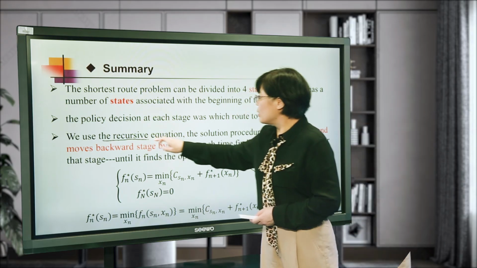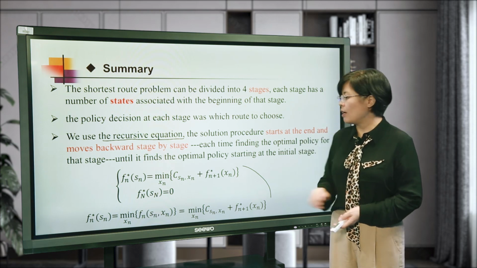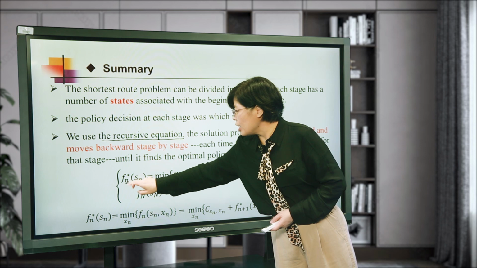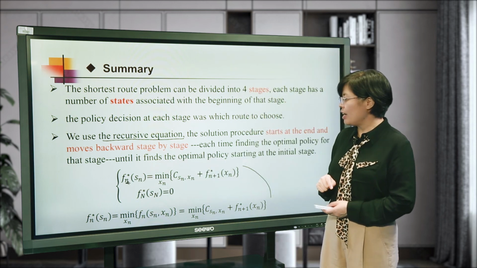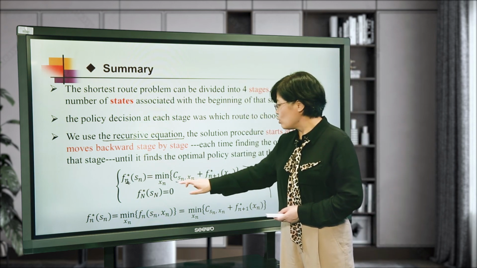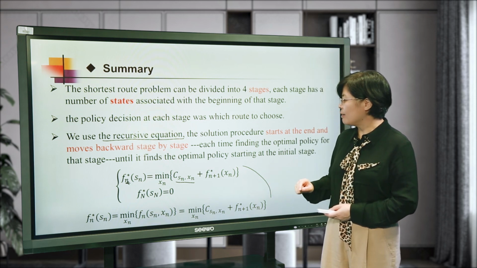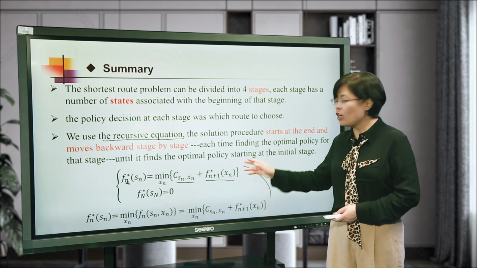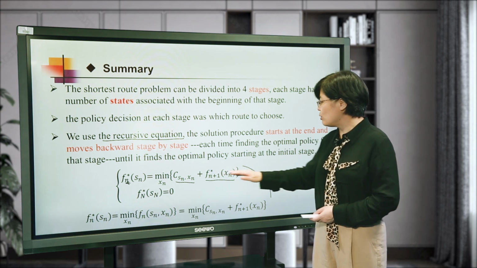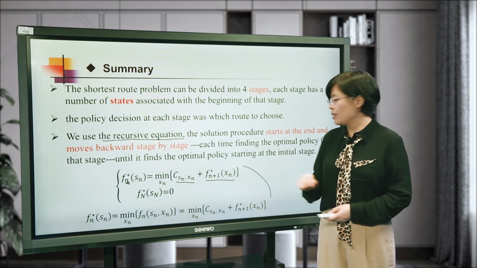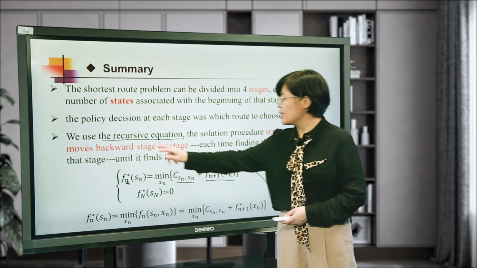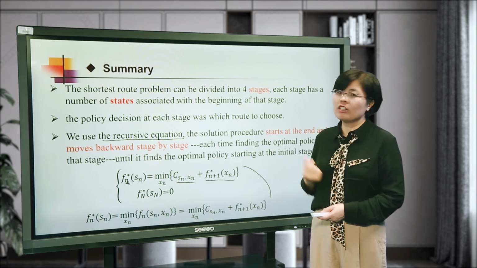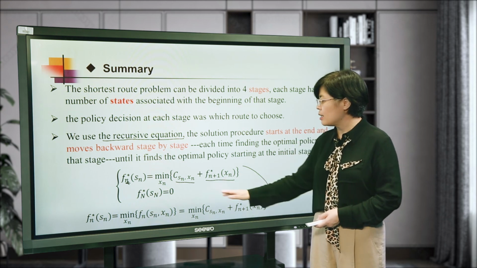This is the recursive equation: the shortest length from stage n equals the distance from n to n plus 1, plus the shortest length from n plus 1 to the end. We find the shortest route based on this formulation.